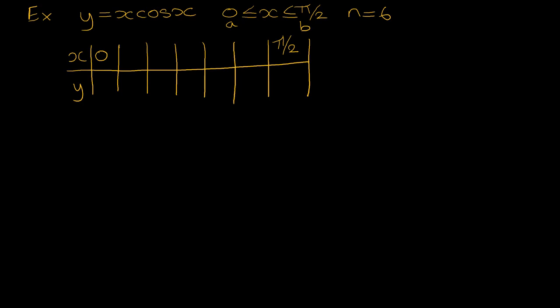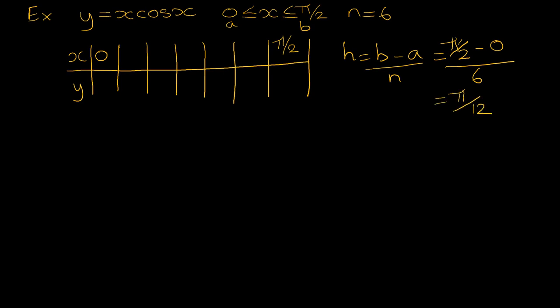So we've got to work out what h is, i.e. the width of each of these strips. Remember, h is b minus a over n. So in our case, that's pi over 2 minus nothing, all over 6, which gives us pi over 12.